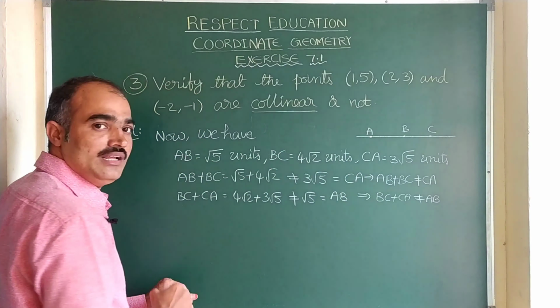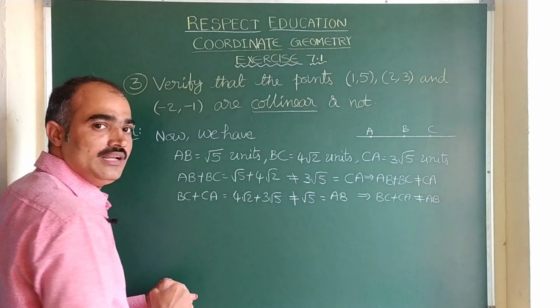Here I have taken AB and CA, so the summation should be BC. But what is BC? 4 root 2. This value 4 root 5 is not equal to 4 root 2. So in the third case also, AB plus CA is not equal to BC.